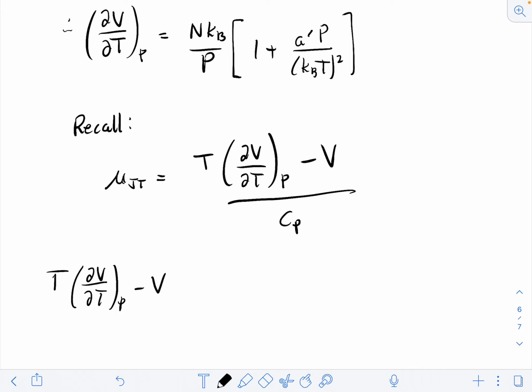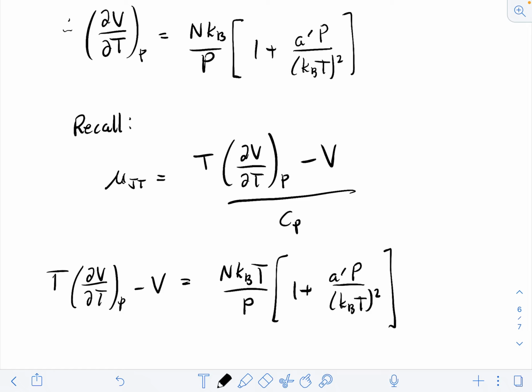So we're going to multiply it by T, and so what we'll have is an N k_B T over P times 1 plus A prime P over k_B T squared minus the volume.